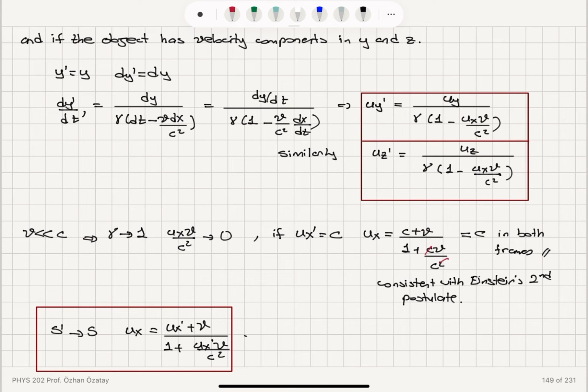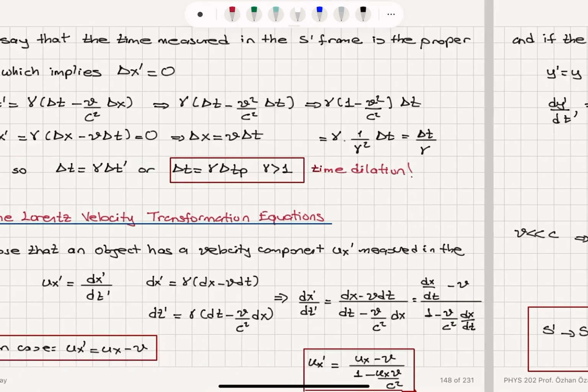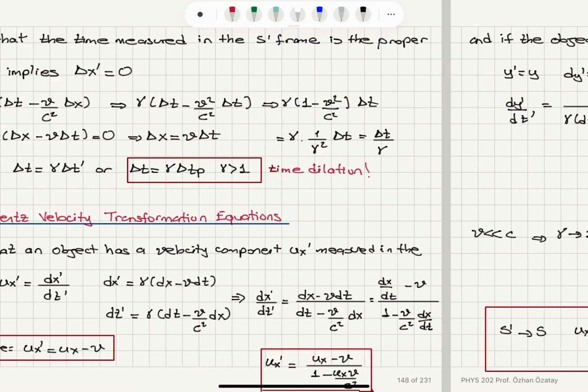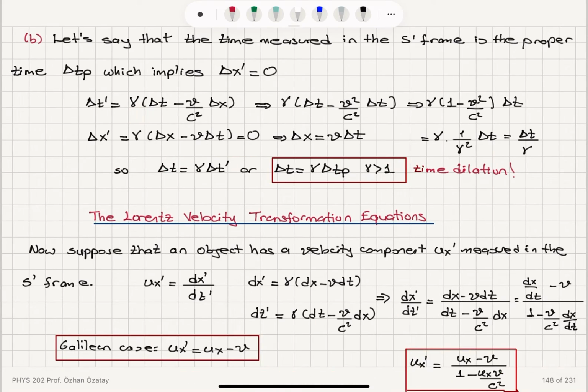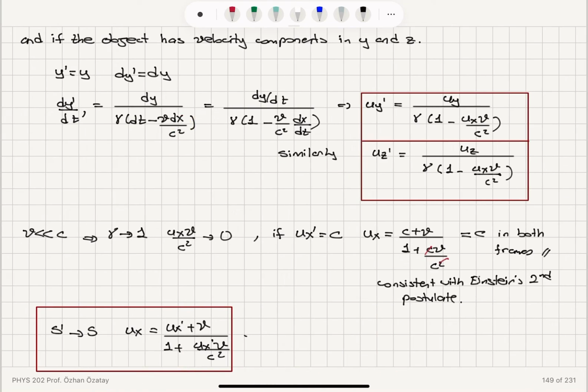And for the y component, we do the same. dy prime is equal to dy, so that doesn't change, but dt prime is again gamma times dt minus v over c squared dx. So taking dt out, we obtain the transformation equation uy divided by gamma times 1 minus uxv over c squared, and similarly for the z component.